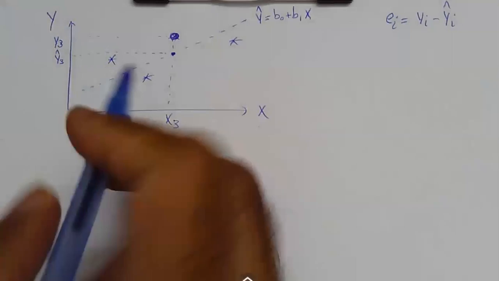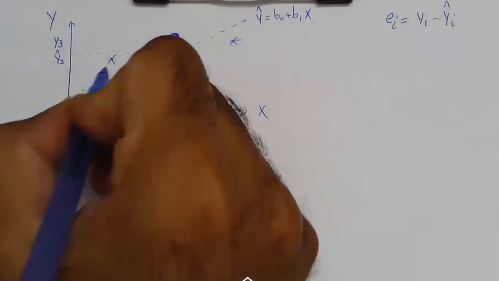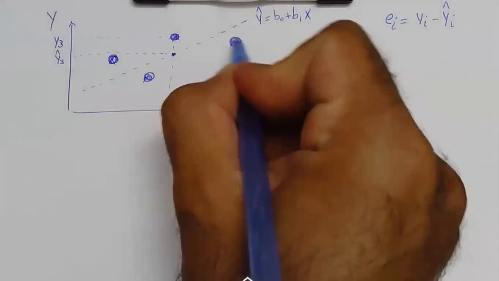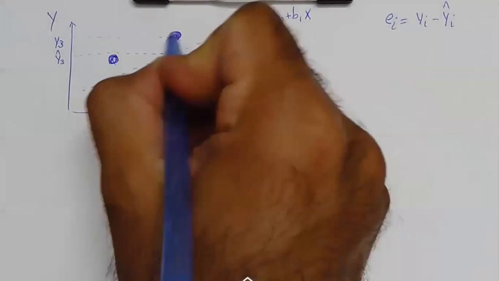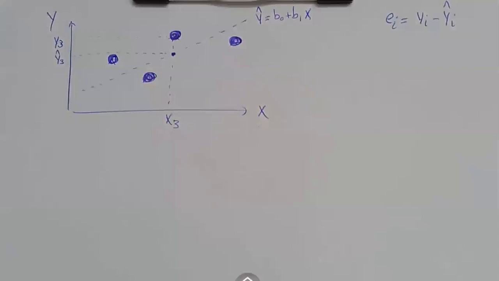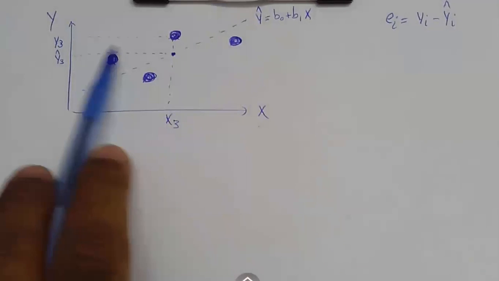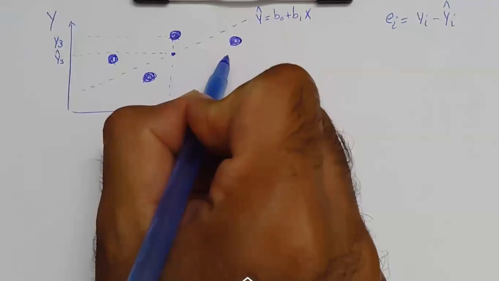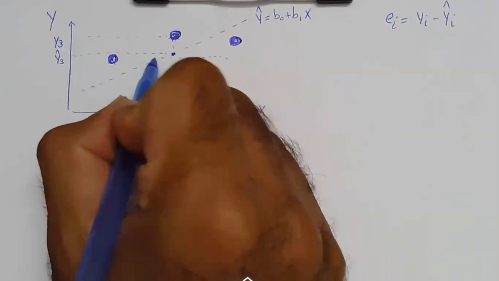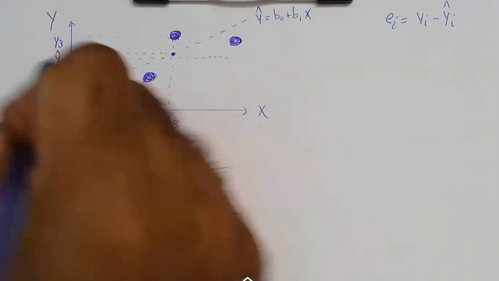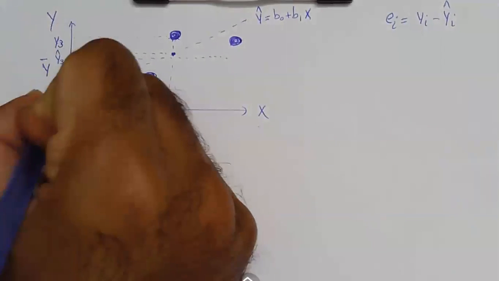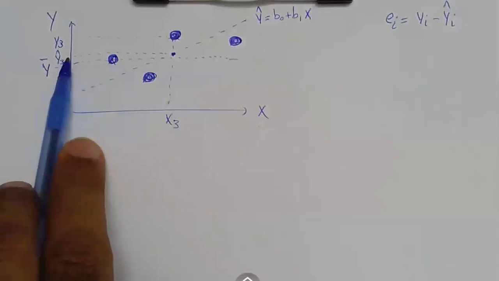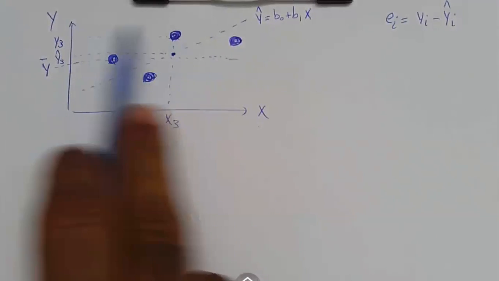And now, I have these 4 data points. If I take the average value for y, let's say it's this one, y bar, being the average value of all these y: Y1, Y2, Y3, and Y4.